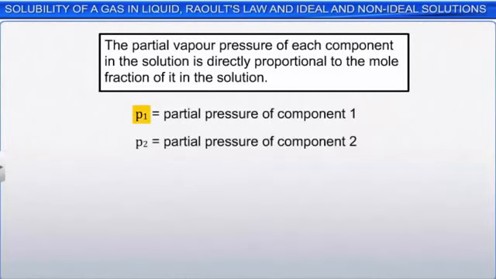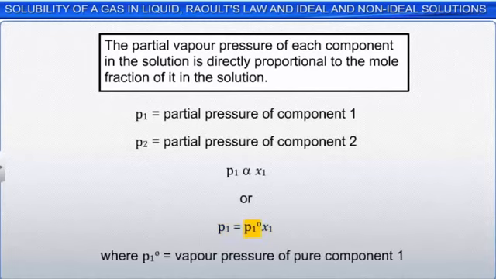Now, if P1 and P2 are the partial pressures exerted by the components 1 and 2 at a certain temperature, then, according to Raoult's law, P1 is proportional to x1, or P1 is equal to P1 naught x1, where P1 naught is the constant of proportionality and represents the vapor pressure of pure component 1 at the same temperature.